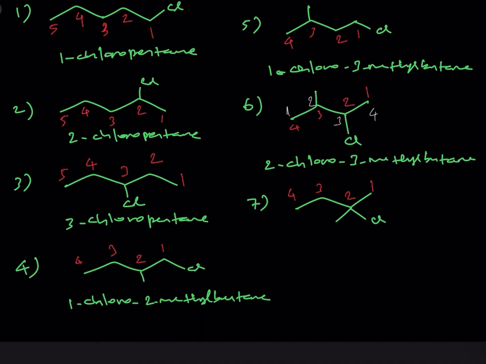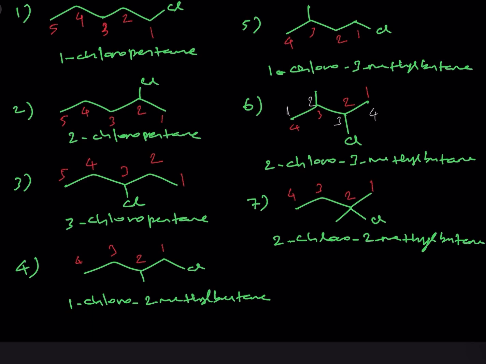So this is 2-chloro-2-methylbutane. So we are basically exhausted with the butane chain also now. We cannot put 2-chloro-2-methyl on the third position, because if we number it in the forward direction, that will become the same as 2-chloro-2-methylbutane.